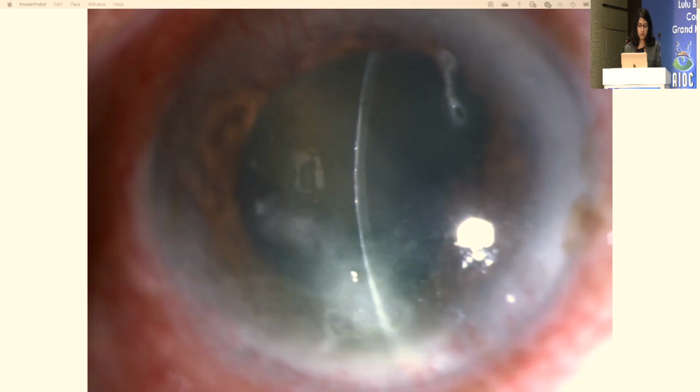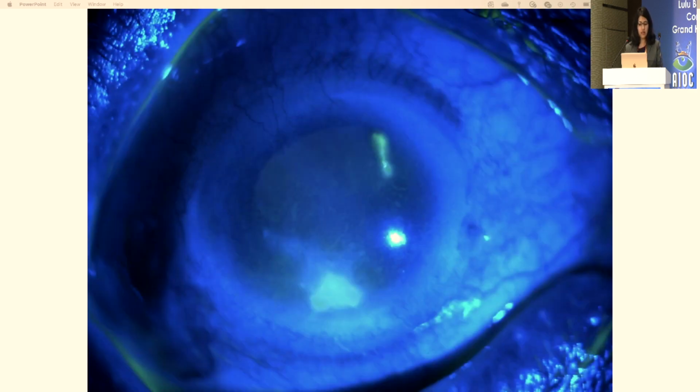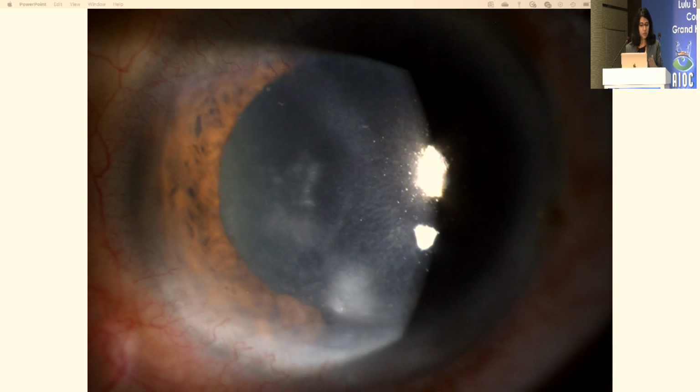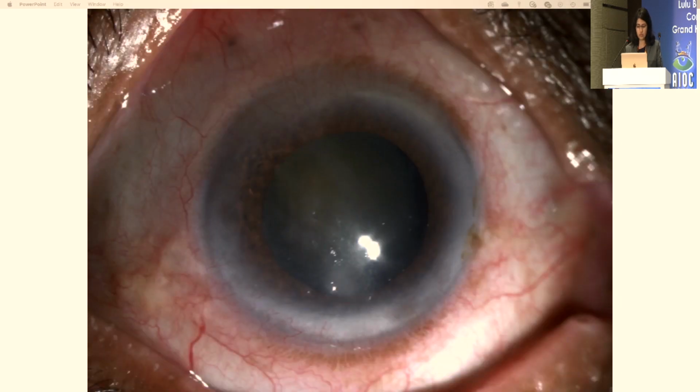And if we go back to the first picture, we can see the lesion that is extending from it also has a dendritic pattern of infiltration. So a very careful clinical examination can help us differentiate the microbial keratitis patients from the HSV keratitis patients. This patient also responded very well to oral acyclovir, and then subsequently we started topical steroids, and there was a good response.